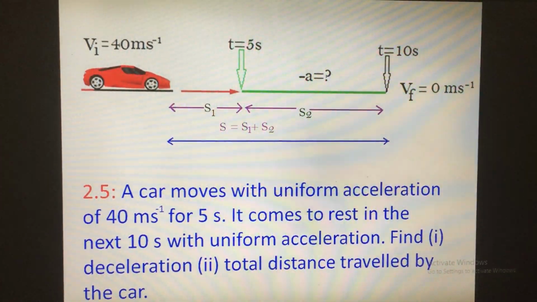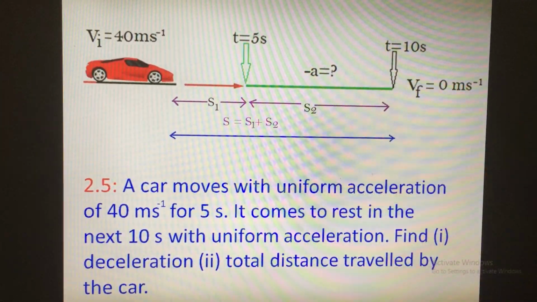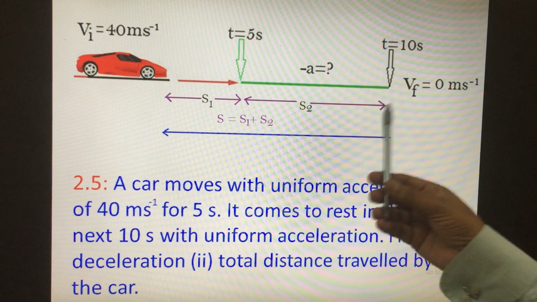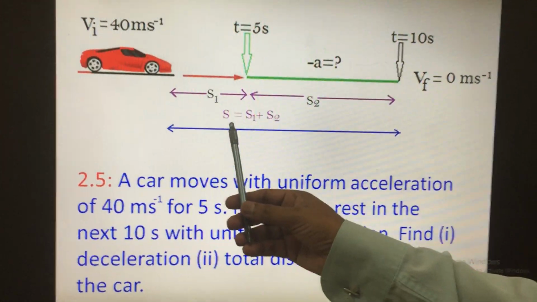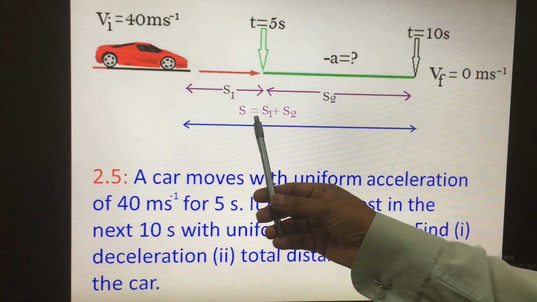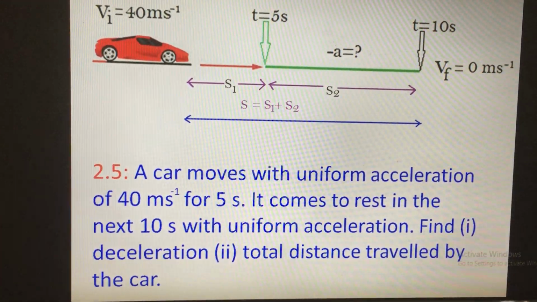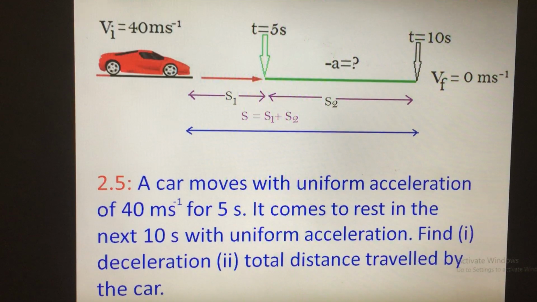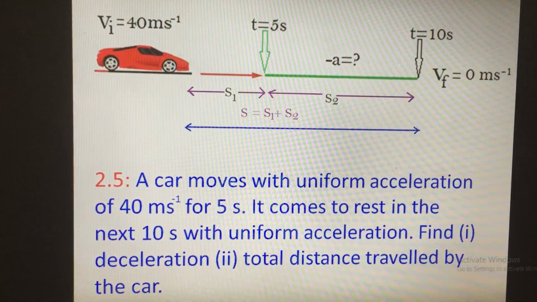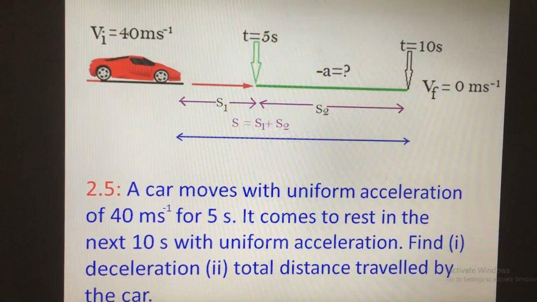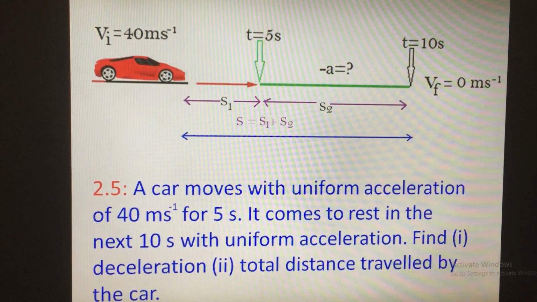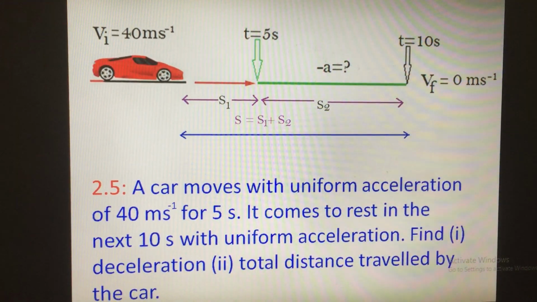So we will find this first distance and then add the second distance. Now we will have total distance equal to S1 plus S2, right? Okay, so I have tried to explain the problem with the help of a figure. If you visualize the figure, it will be very easy for you to solve the problem.